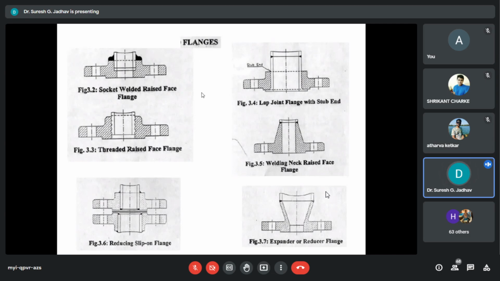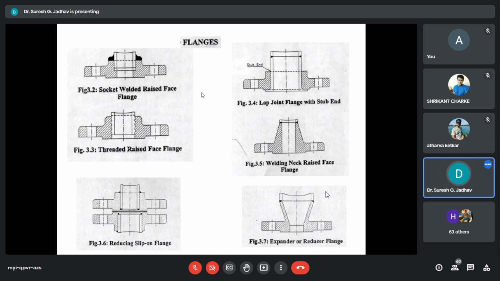While specifying these flanges, the thickness of the welding end should be specified along with the flange specifications.